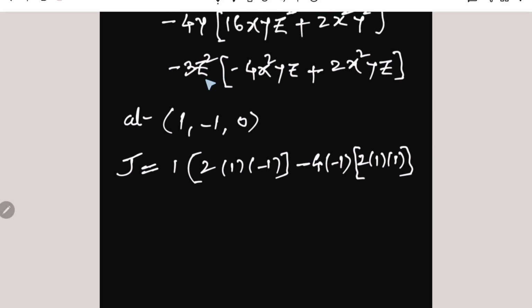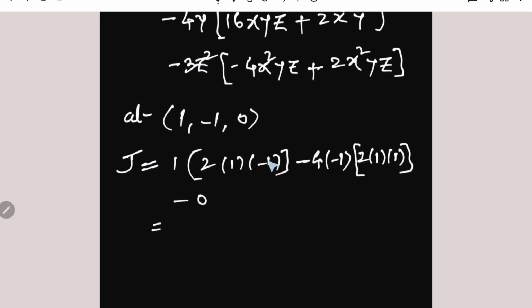As z is 0, this complete term becomes 0, and therefore minus 0. Simplifying it, we get 2 into 1 into minus 1, that value as minus 2. Minus minus becomes plus 8, and minus 0. Therefore, the value of that Jacobian at the point 1, minus 1, 0 is 6.